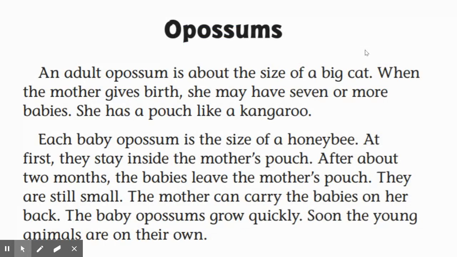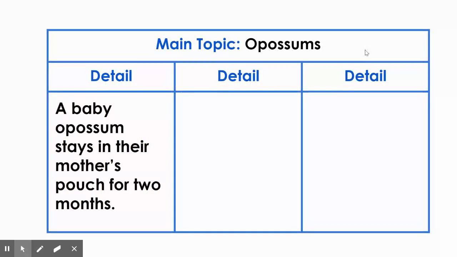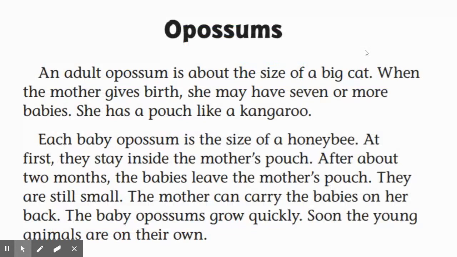So if the main topic is possums, what are some supporting details or key details that are about possums? Well, on the first page, we learned about baby possums. Can you all spot a key detail about baby possums? There are a lot.